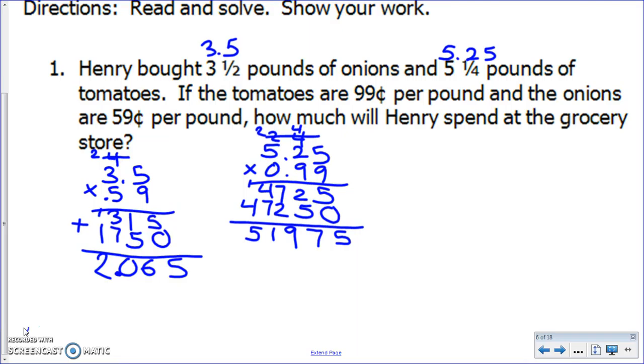Right, now we need to put our decimal in. We have 4 places after the decimal in our factors. We need 4 in our answer, so it's going to go between the 5 and the 1.